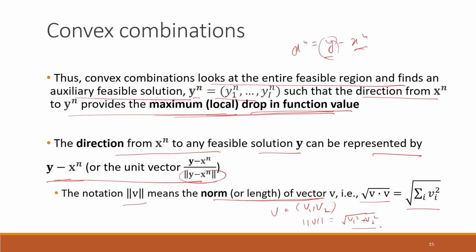We are currently at xn, and we want to determine which y point we should go to, so that this y minus xn offers the direction where you encounter the largest decrease in the function value. And since this may not have unit length, this direction can also be considered as a unit vector by dividing it by its norm.